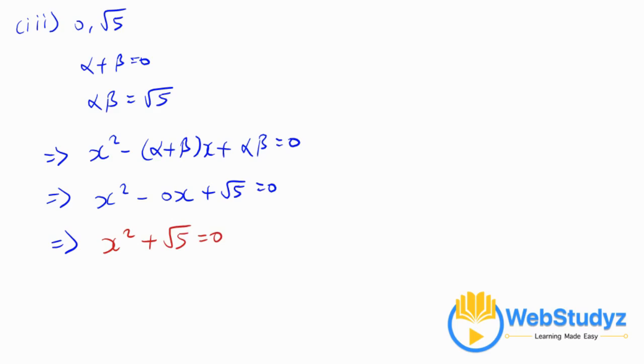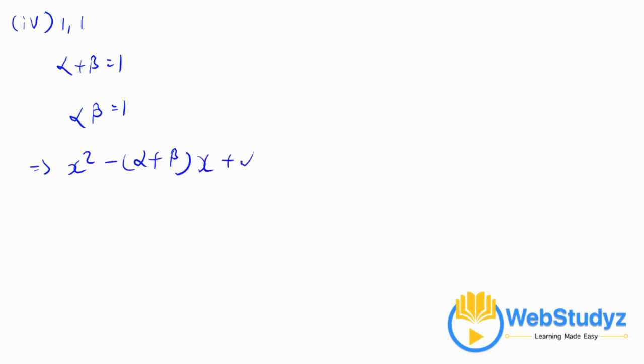Move on to the fourth one, that is 1 comma 1. So here it is given that alpha plus beta is 1 and alpha beta is also 1. So the quadratic equation will be x square minus (alpha plus beta) into x plus alpha beta equals 0.